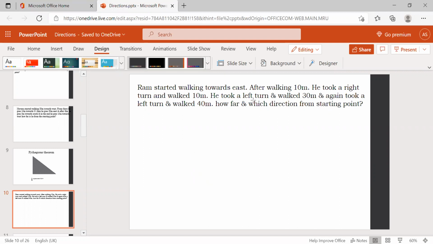Now, first of all, Ram started walking towards east. So I always said, whenever you're doing the directions problem, just take one direction.